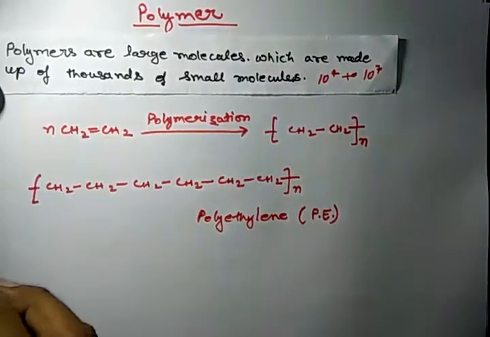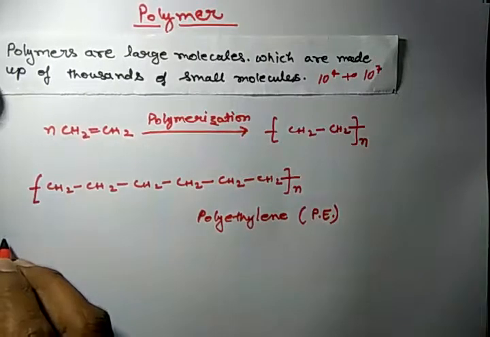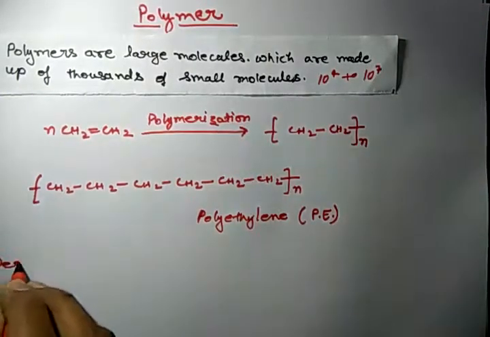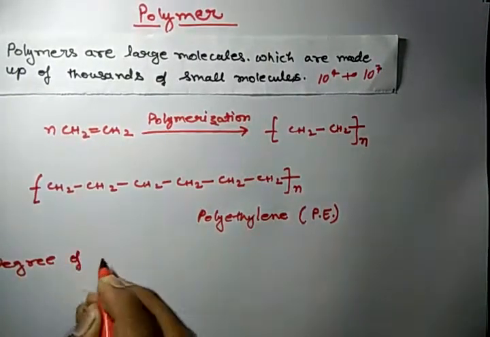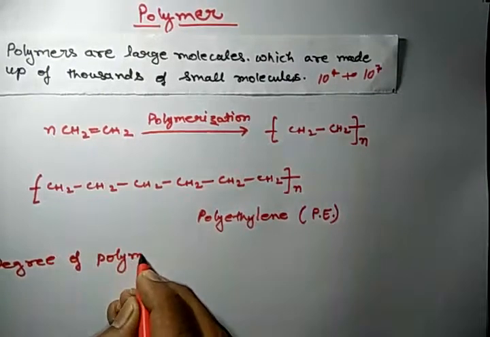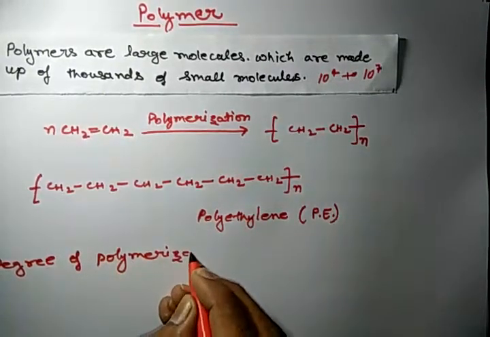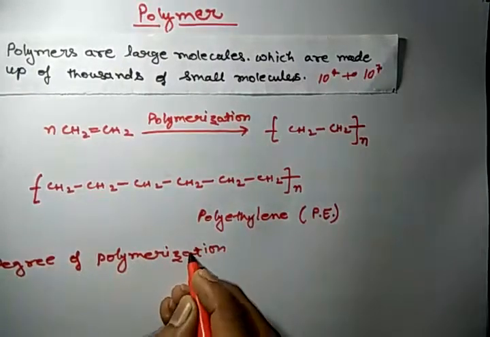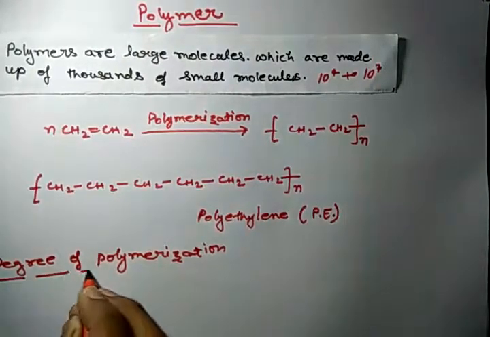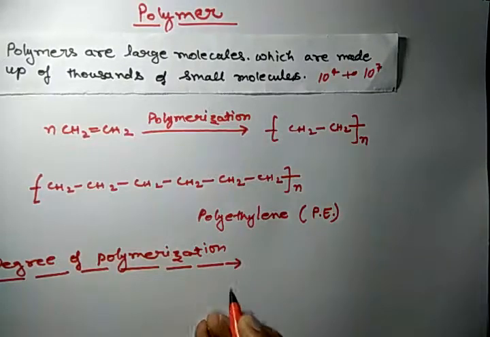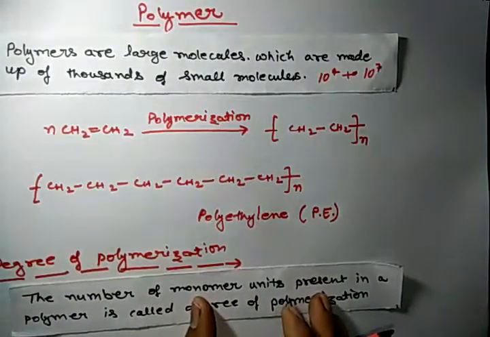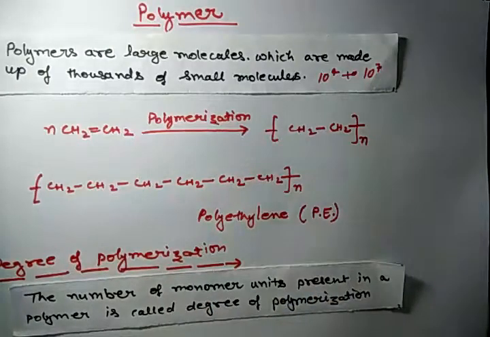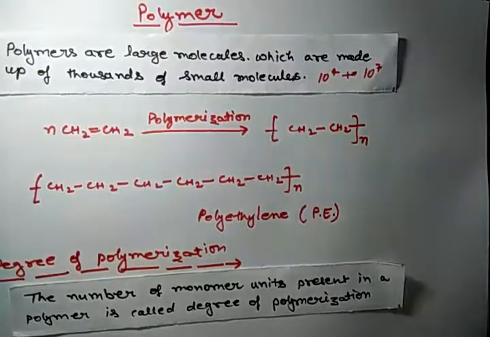The second topic is degree of polymerization. For the key idea, the number of units present in a polymer is called the degree of polymerization.